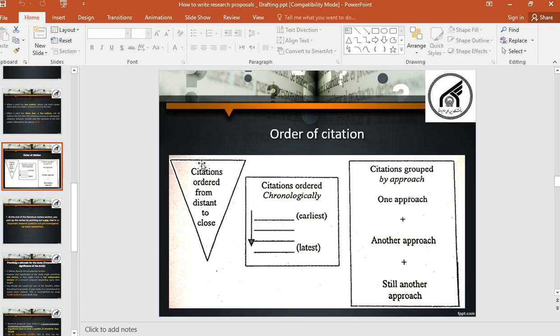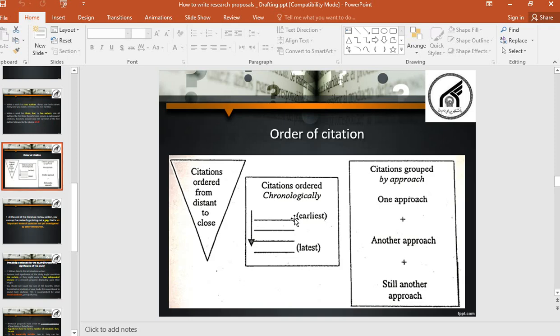Bring the citations which are very far from your research, or not related to your research, to the related ones.